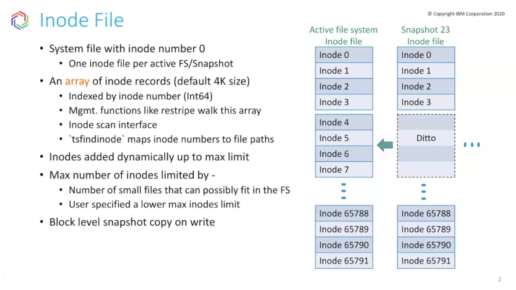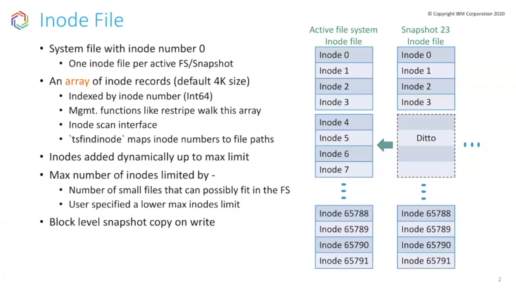And this is the same with the inode file as well. So if you are updating or changing any attributes in the inode, then the whole block of the inode gets copied into the snapshot before that inode is modified. You might notice that you copy the whole block even if you have just modified one inode in the block. We will see why this is significant in the later slides.